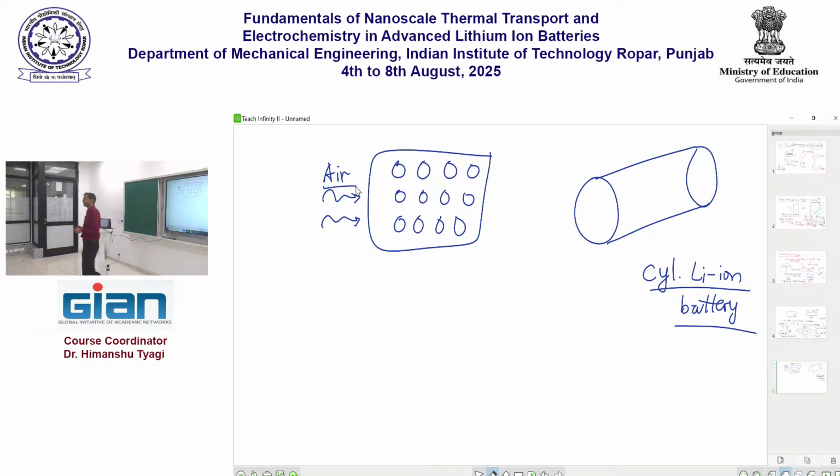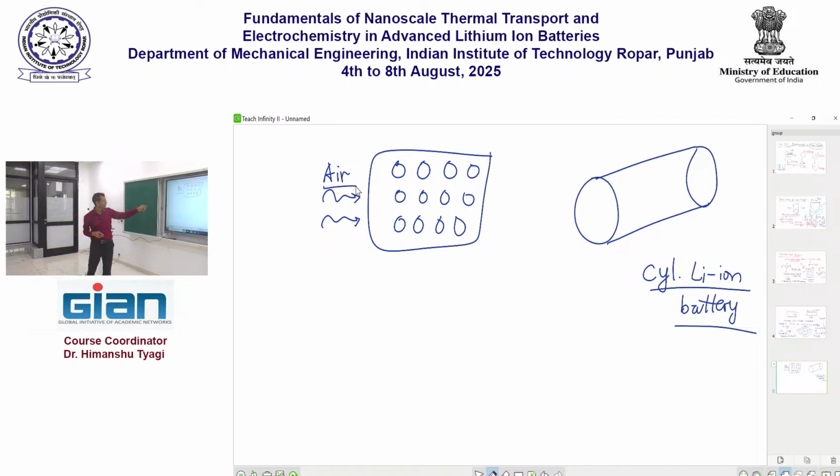And if you are working for a startup company that is trying to create an electric scooter or something like that, this will be the key question for you. If I have a fan blowing air over this bank of cylindrical lithium-ion cells, how much heat will you be able to remove? How hot will these cells get? And whether the battery pack will be safe or not.